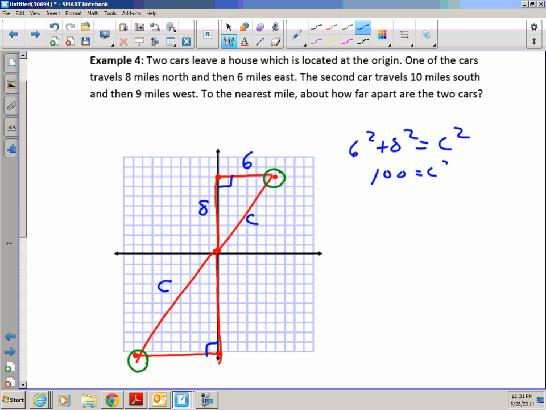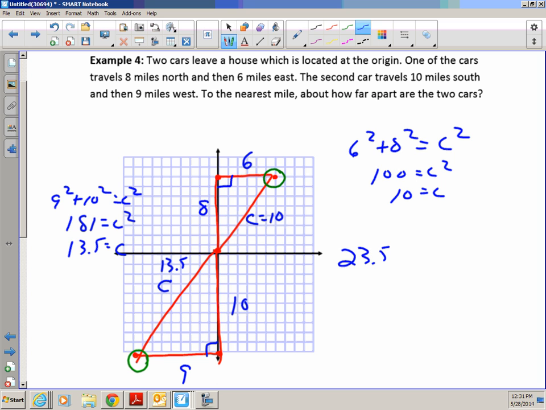I'm just going to shortcut this. So that means this diagonal is 10, and this diagonal, because this is 10 and this is 9, is 13.5, so in total, 23.5 miles. Okay?